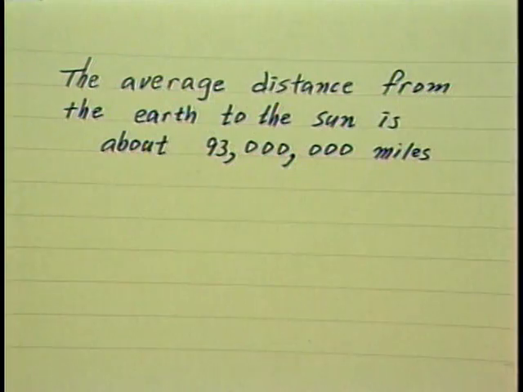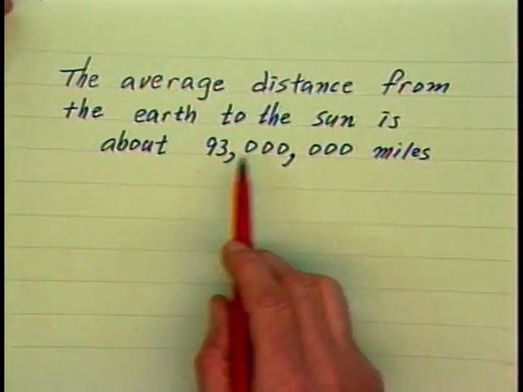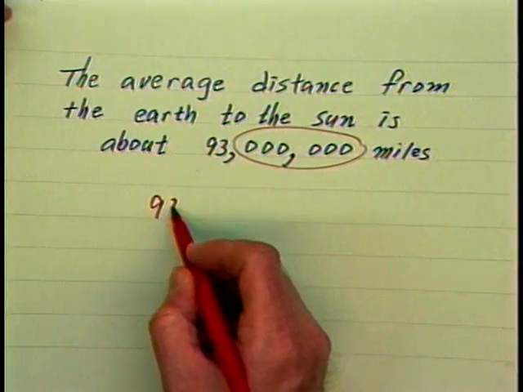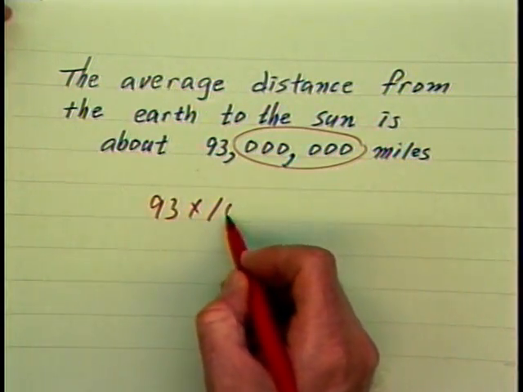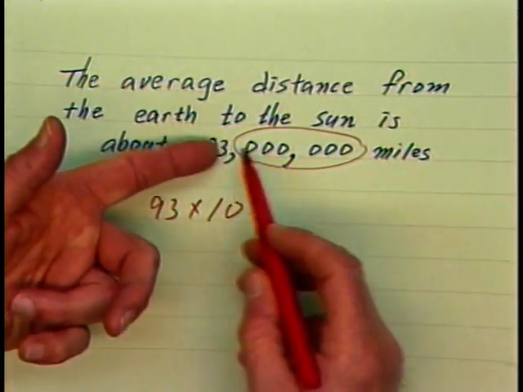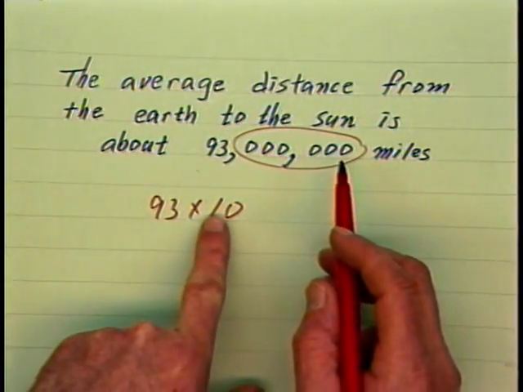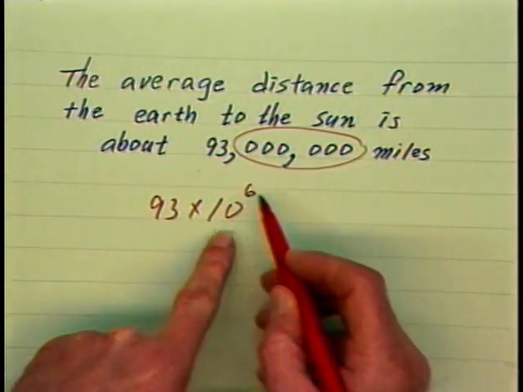An example: the average distance from the Earth to the Sun is about 93 million miles. Rather than writing it this way, we could write it 93 times 10, and to get from 93 here, I'd have to make it bigger by 6 places, so that tells me the power of 10 is 6.